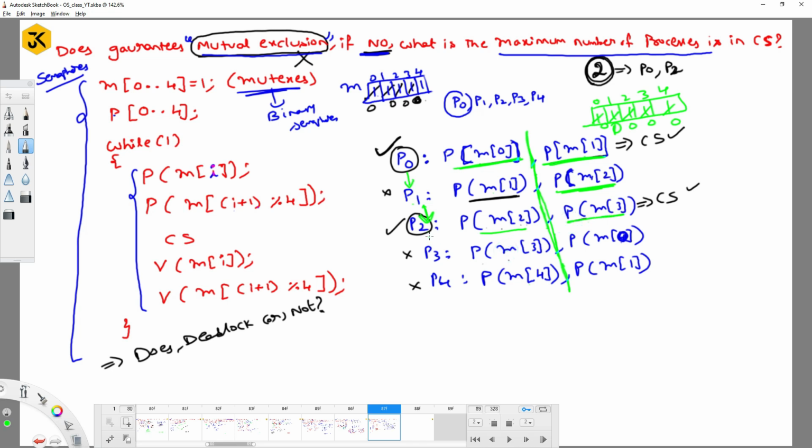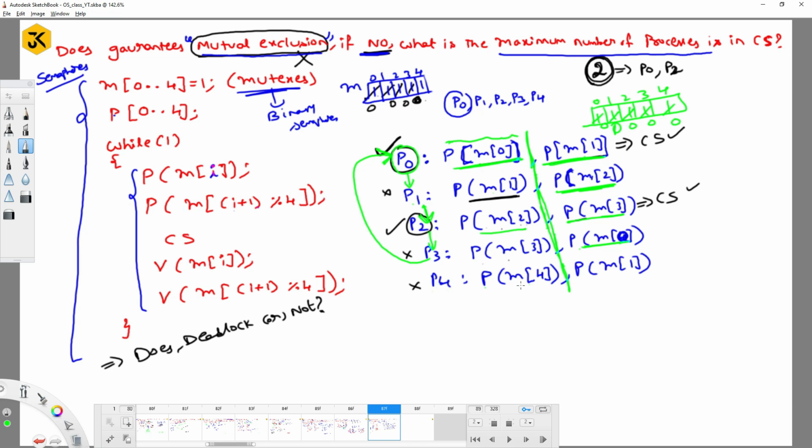P of M3 is held by P3. And if P3 wants to complete execution, it has to wait for P of M0, but that is held by P0. So P3 needs the resource held by P0.